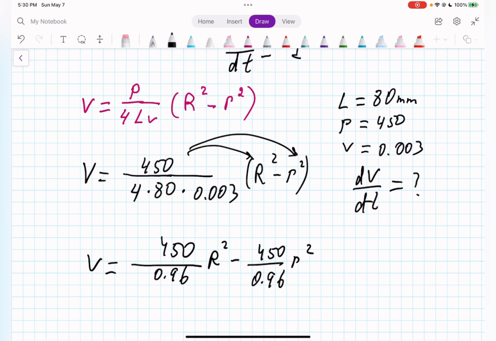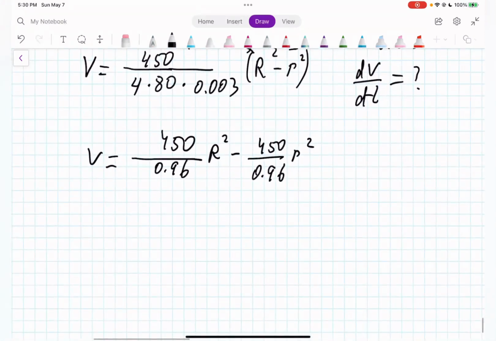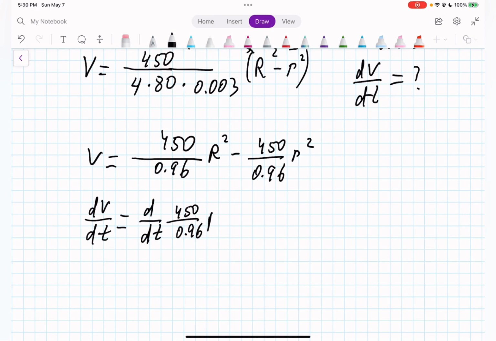All right, so let's now take the derivative. dV by dt is equal to d by dt of 450 over 0.96 R squared, minus d by dt of 450 over 0.96 lowercase r squared.